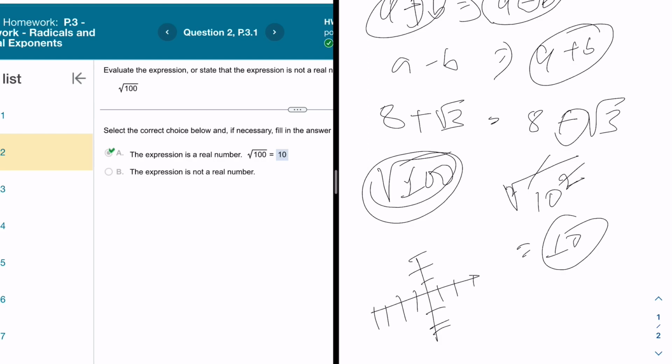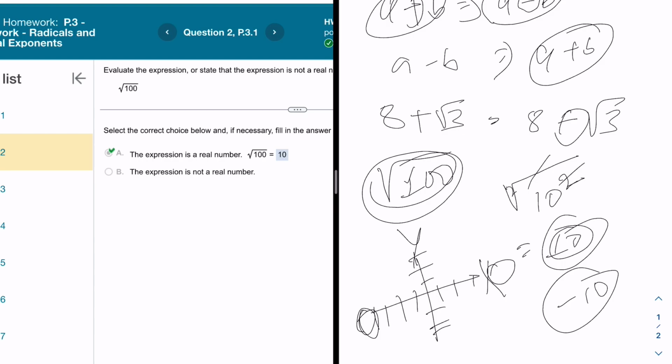Got it? So can we plot 10 on this graph? Obviously it's somewhere here, right? And what if the answer is minus 10? Is this a real number? Obviously this is a real number. We can plot it on the left side of the x-axis, right? This is the y-axis, this is the x-axis, right?